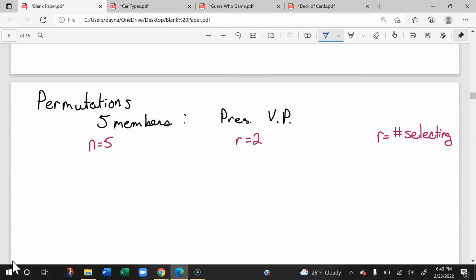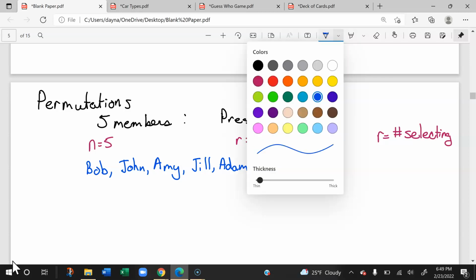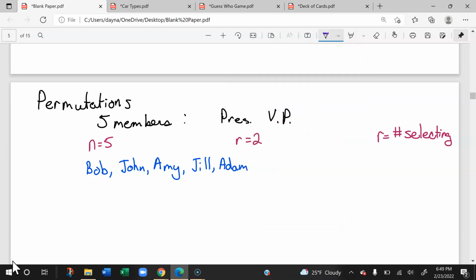So I'm going to just put some names down here. I'm going to say Bob, John, Amy, Jill, and Adam. Okay? So here's 5 people. Now, if I start looking at different combinations of ways I can select president and vice president.